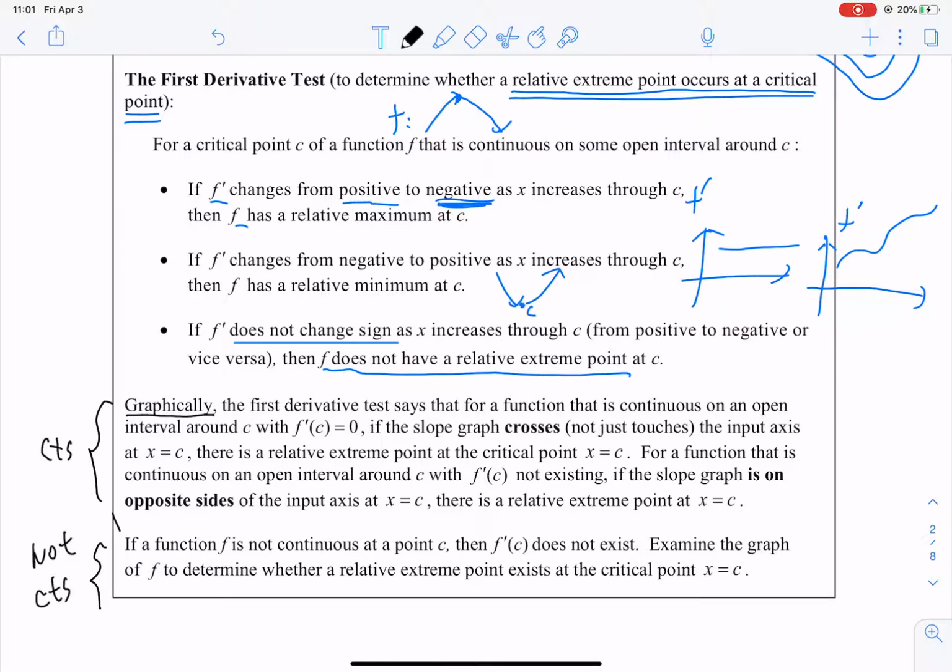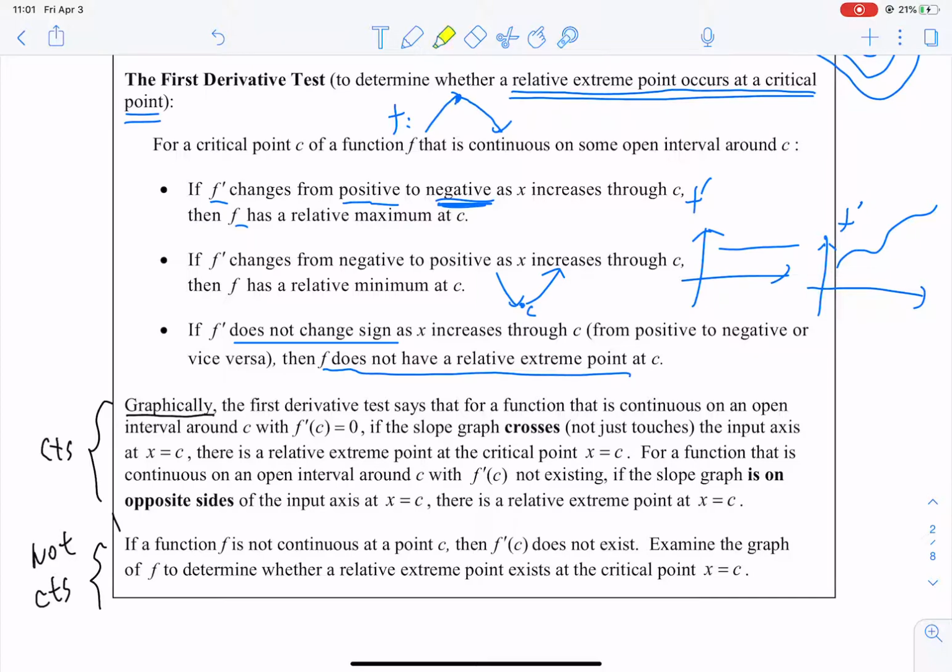Graphically, the first derivative test says that for a function that is continuous on an open interval around c, with f prime of c equal to 0, we now know point c is one of the critical points. Then let's check if point c is a relative extreme point.